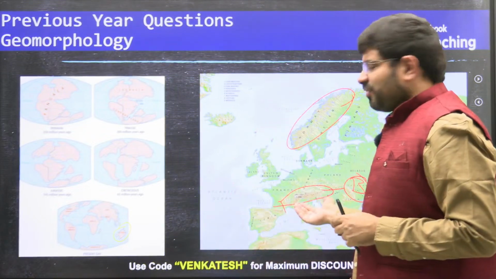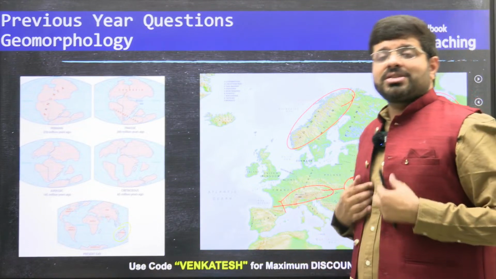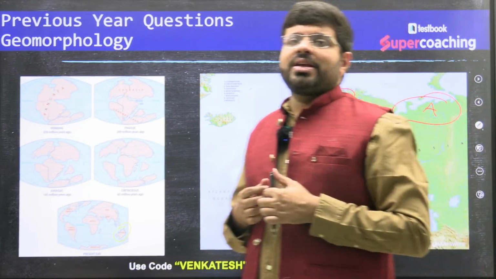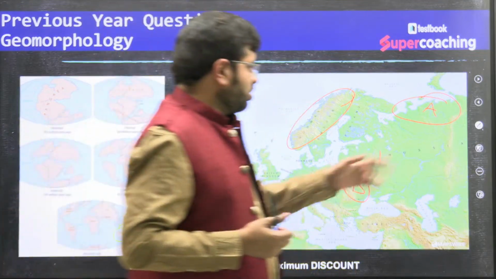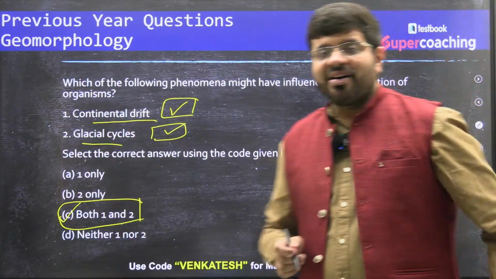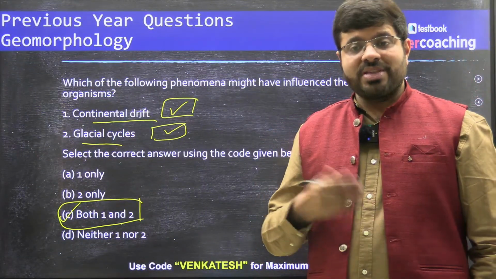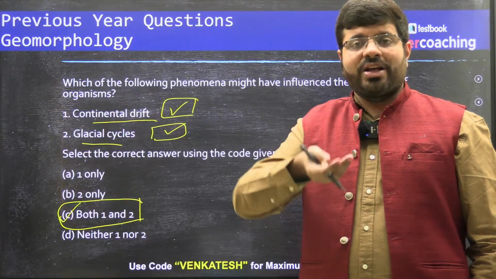Here, because of the altitudinal variation, the temperature is low, and because of that some of the animals which you found in the regions of Europe were the same. So in other words, is it not that glacial cycles have led to the evolution of organisms? Yes, migration is one of the needs of the organism for it to evolve.